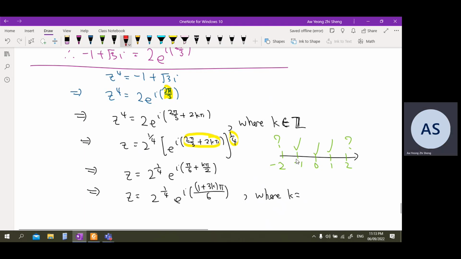So should we choose -2 or 2? You just check by substituting -2 and 2 into this k here, colored in blue, and see which one will give you an answer in the principal range.